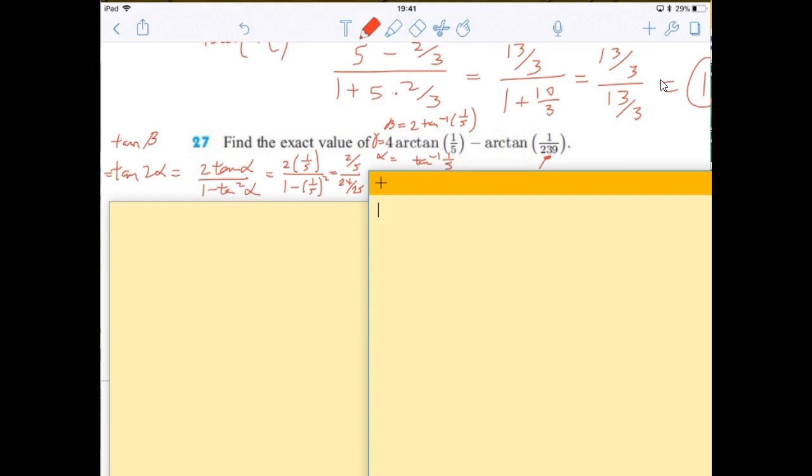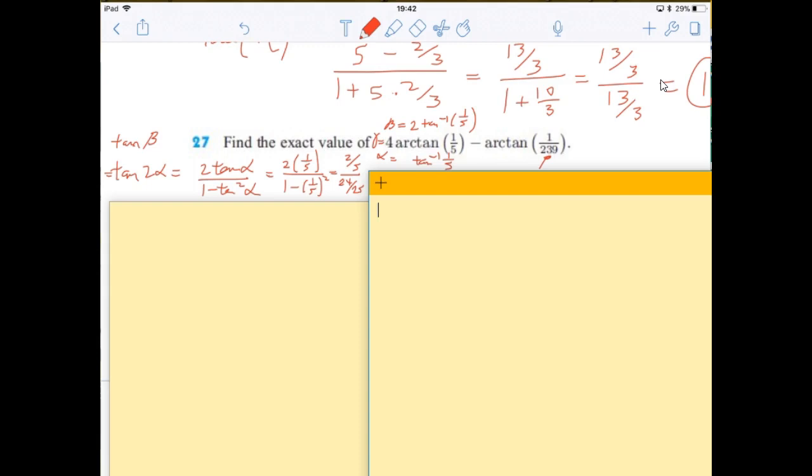I have discovered through experience that the best way to get to the tangent of gamma, which is 4 of this angle, is to start with the angle itself and then build up. First go to beta, which is 2 times this angle, and then go to gamma. By doing that, we're going to find an expression for tangent of beta, which is just a number, and then we plug that into gamma.